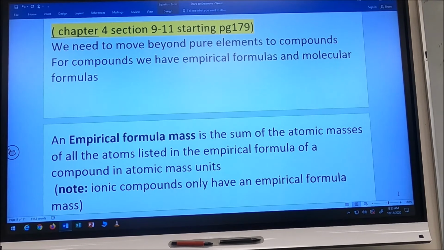So when we talk about molecular formulas, we're only dealing with covalent compounds. An empirical formula could be related to an ionic compound or a covalent compound. Okay? So let's talk about empirical formula mass and molecular formula mass.